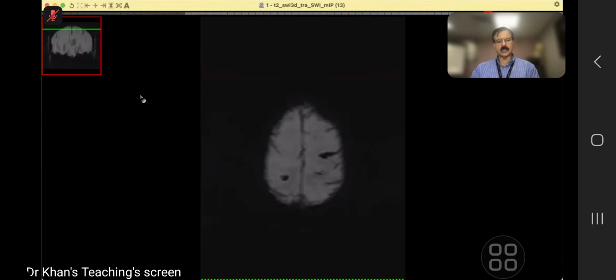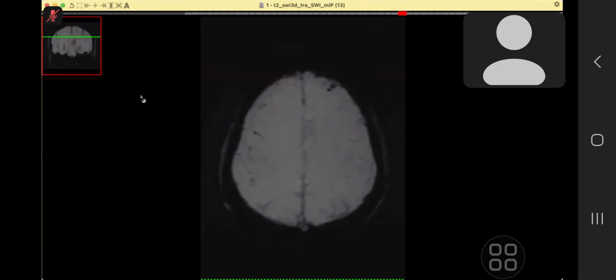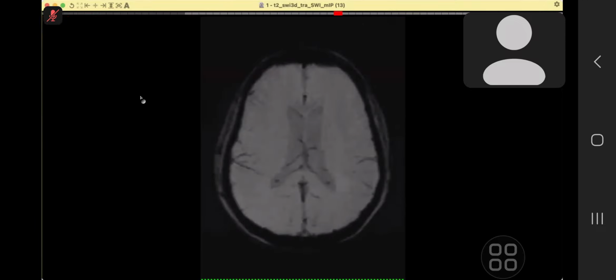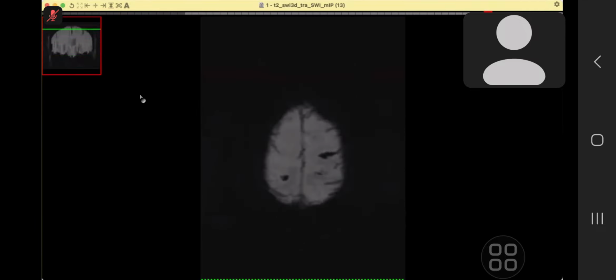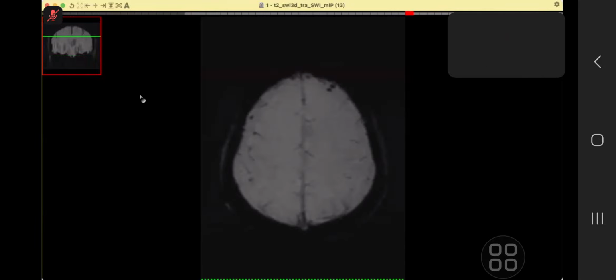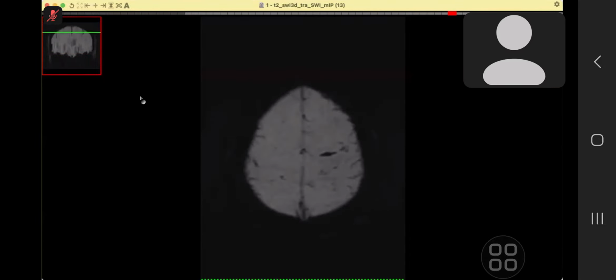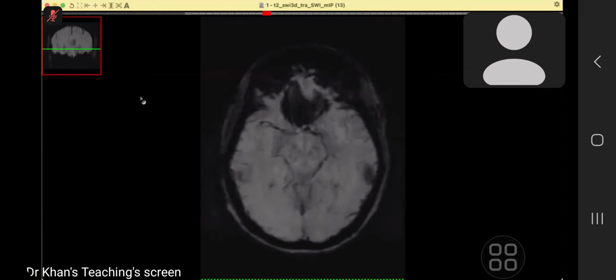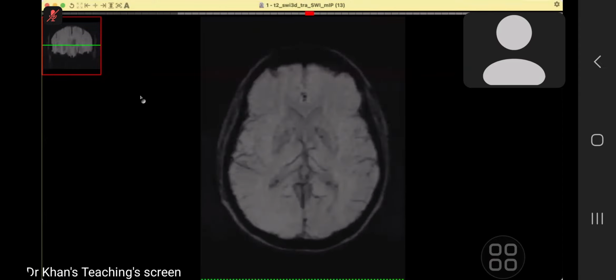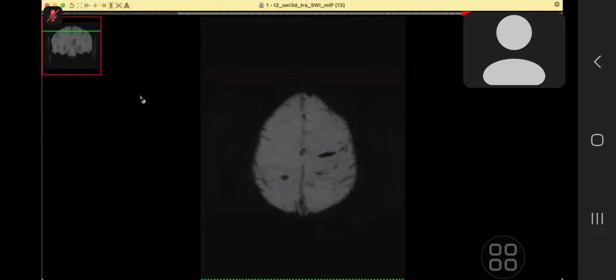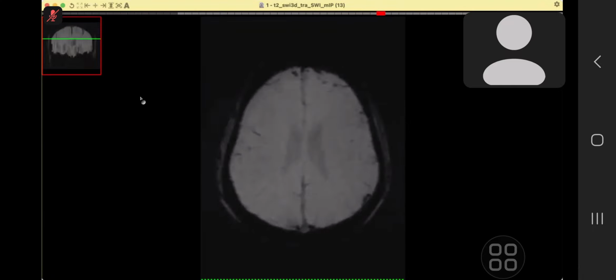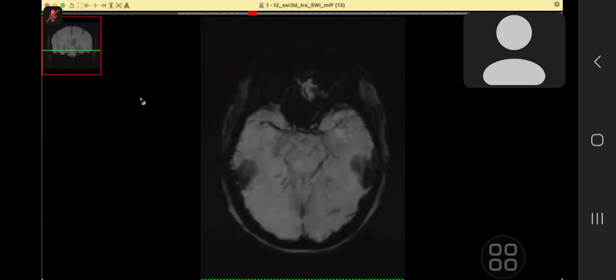So what is your conclusion now? Subarachnoid hemorrhage. How can you explain that? In a 46-year-old female, if the patient is anemic, that would cause CT hypodensity.